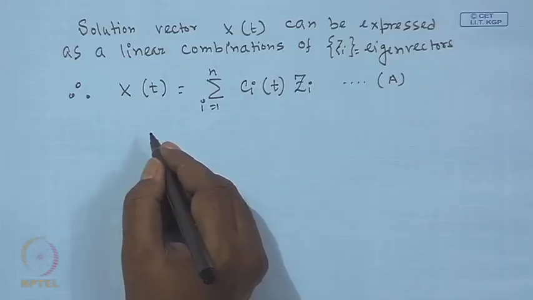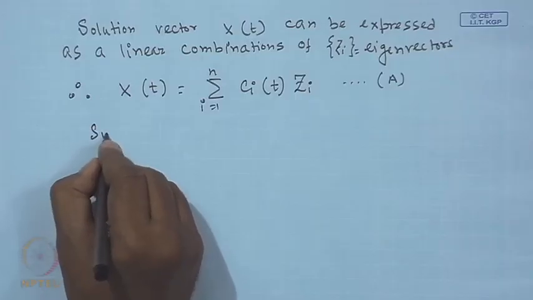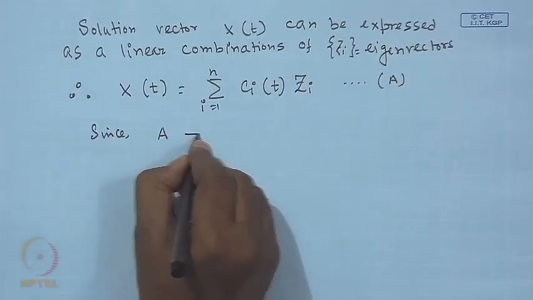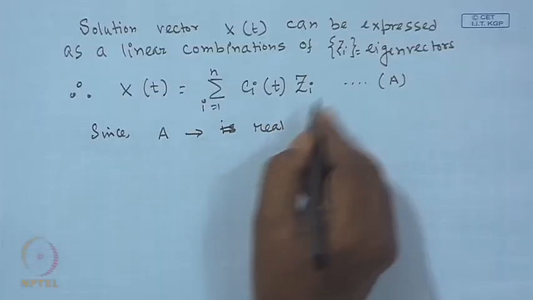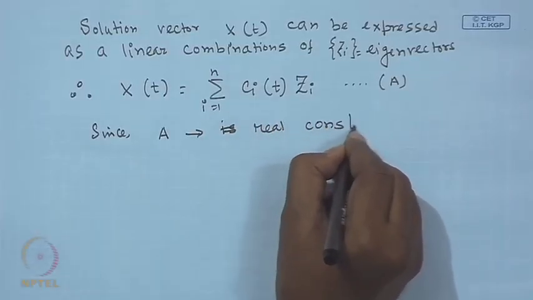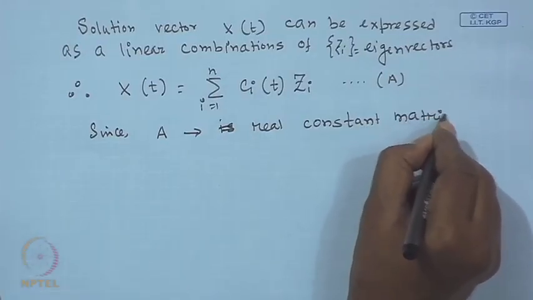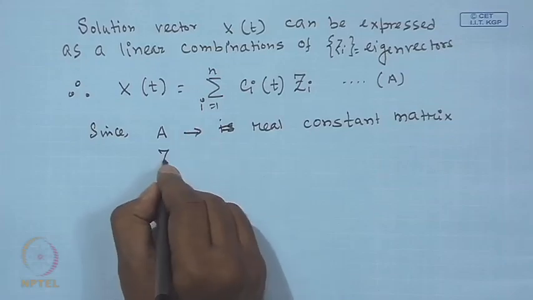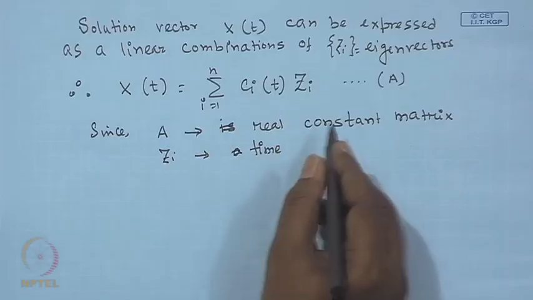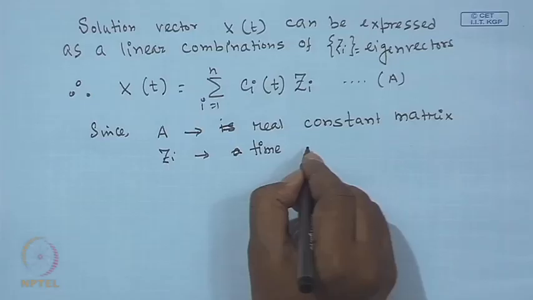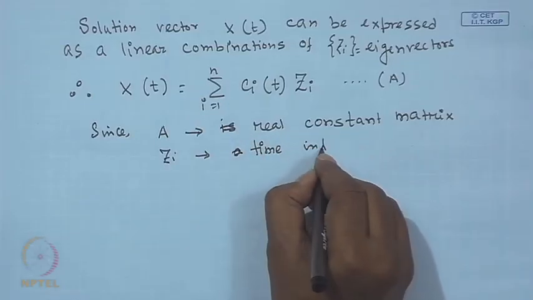Now, in this case, since A is a real constant matrix, the z i are time independent, because they are the eigenvectors; they do not depend on the time, because the matrix itself is a time independent constant matrix.